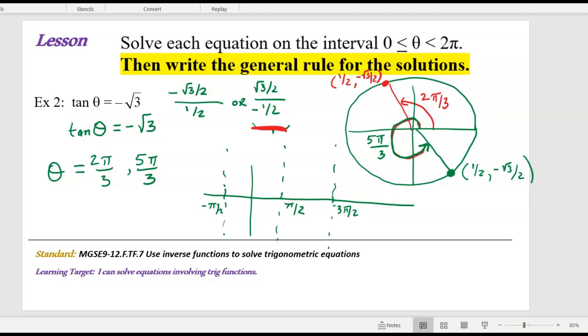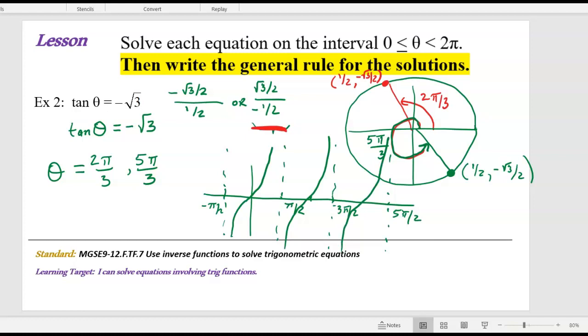Remember, the original period was pi, so every time I add pi, I get a new asymptote. So that's 3 pi over 2, 5 pi over 2. And you can do this in Desmos. You can just graph tangent of x, and you'll see all of these waves that I'm graphing right now, just replications of that same graph.